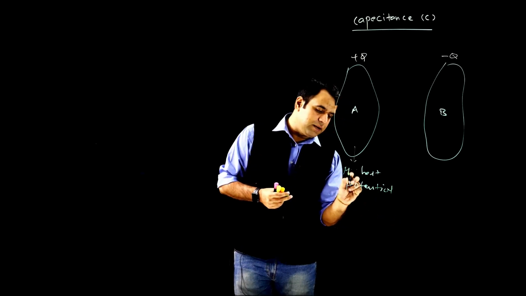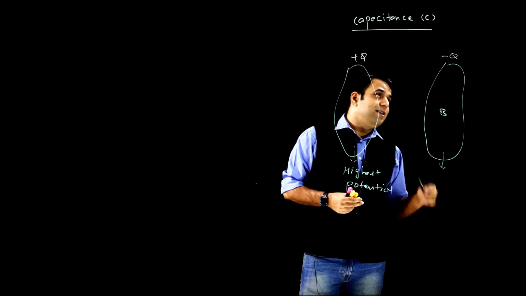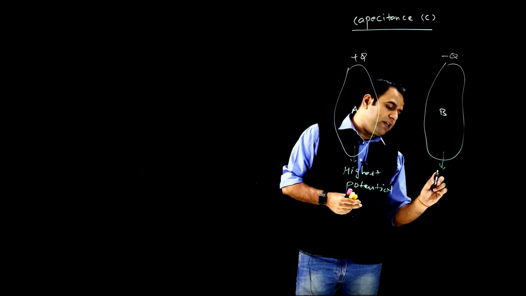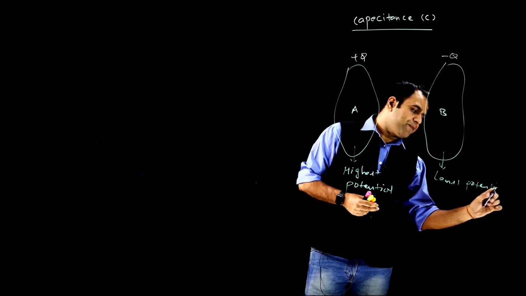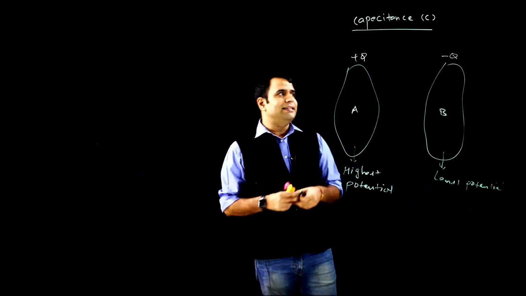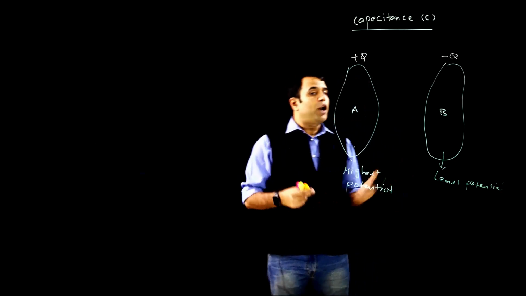And the body which is having the highest negative charge will be having the least potential. So by segregating these two charges, plus Q and minus Q, you have created the potential difference.